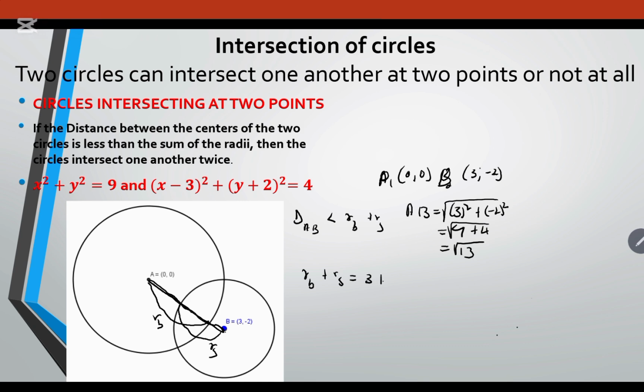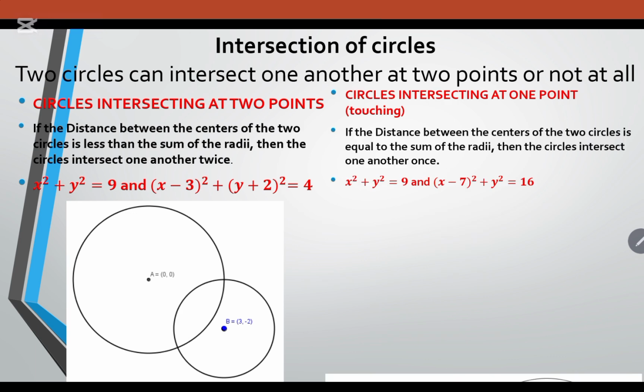That is 3 plus 2. Now, what is the square root of 13? It approximates to 3.6. Therefore, in this case, the distance AB is smaller than the sum of the radii of the two circles, so these circles intersect twice.